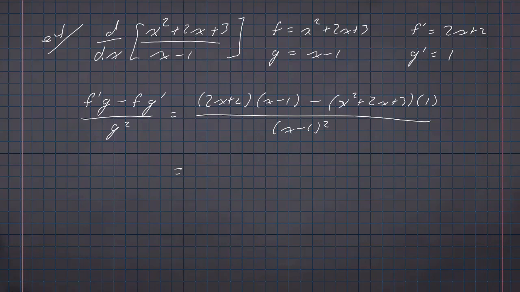Multiplying all of this out, 2x squared minus 2x plus 2x actually cancel each other out, minus 2, and then minus, well, I guess it's just minus x squared minus 2x minus 3.